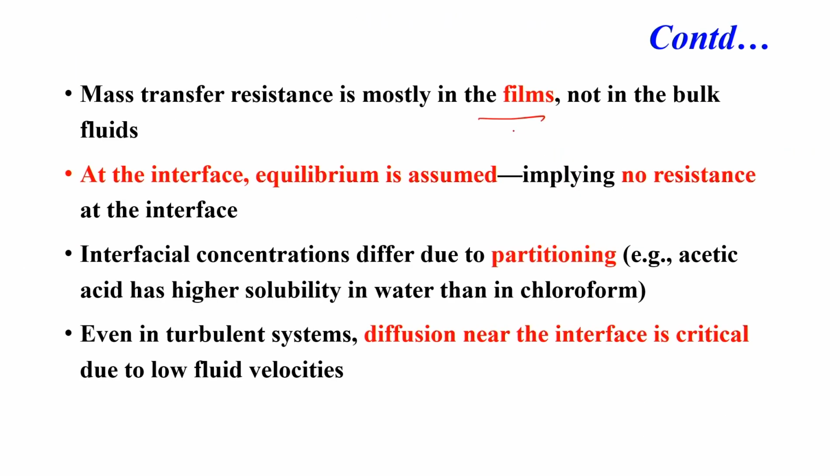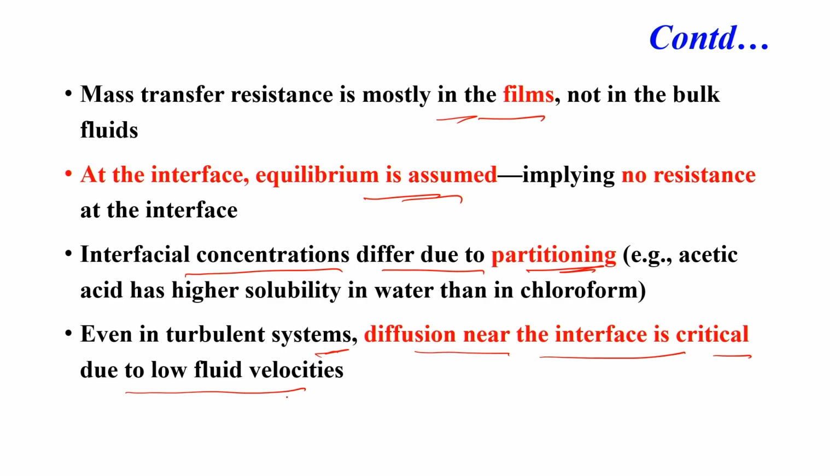So, what we are assuming is that there is no mass transfer limitation in the bulk phase; the limitation is in the film, and at the interface we assume equilibrium. The interfacial concentrations differ due to the partitioning or distribution coefficient, and even in a turbulent system, as we have discussed, diffusion near the interface is critical due to low fluid velocity.